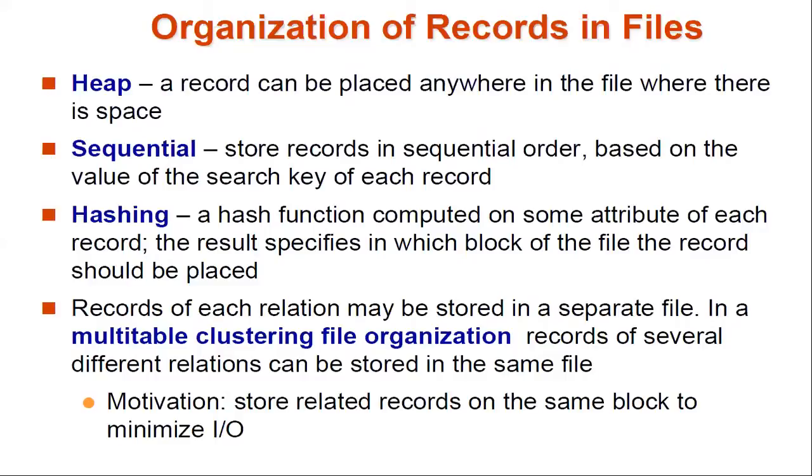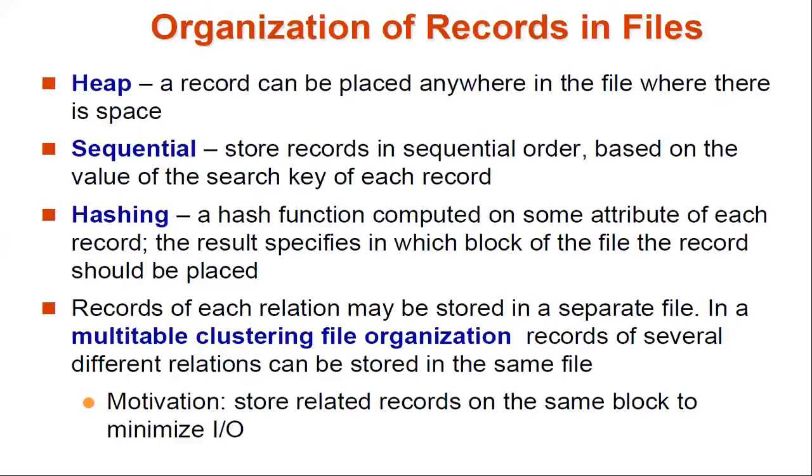Then records of each relation may be stored in a separate file. In a multi-table clustering file organization, records of several different relations can be stored in the same file. So that's what we already said. In the variable length record file especially, you'll be saving different types of records or different tables in one single file. So here the records of each relation may be stored in a separate file.